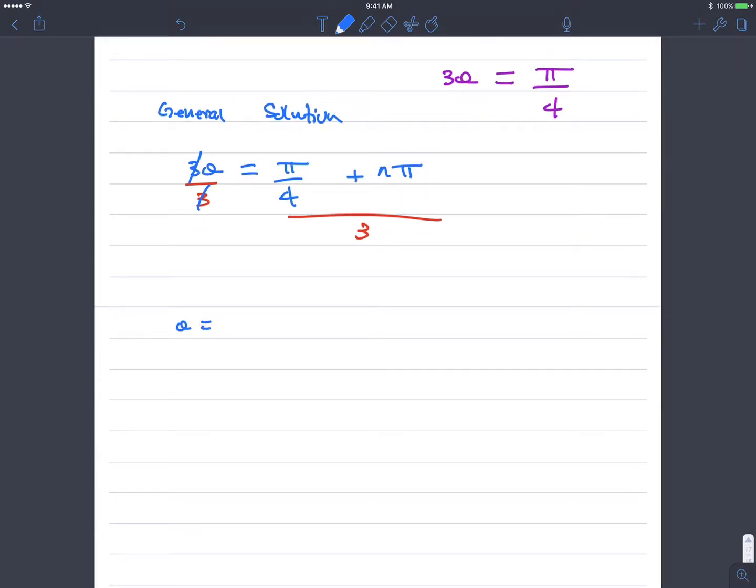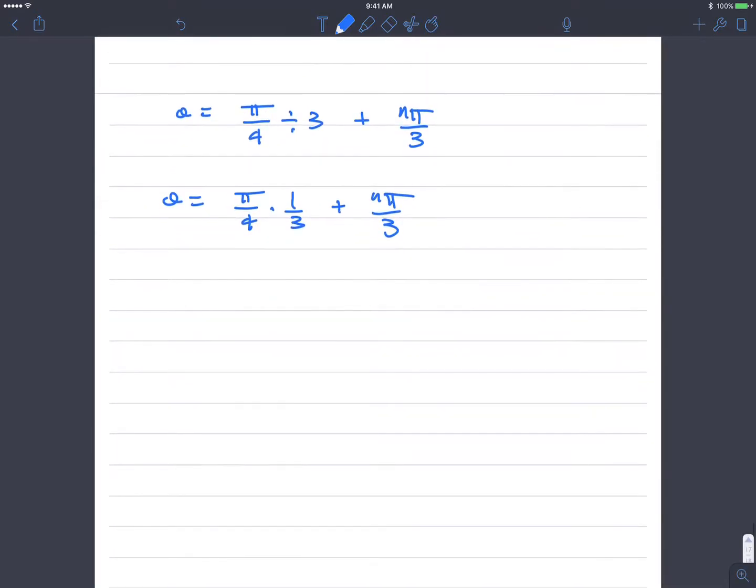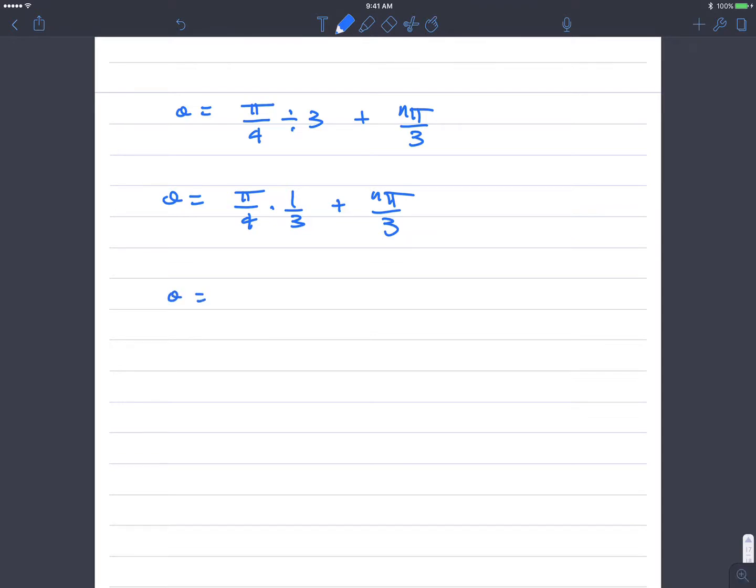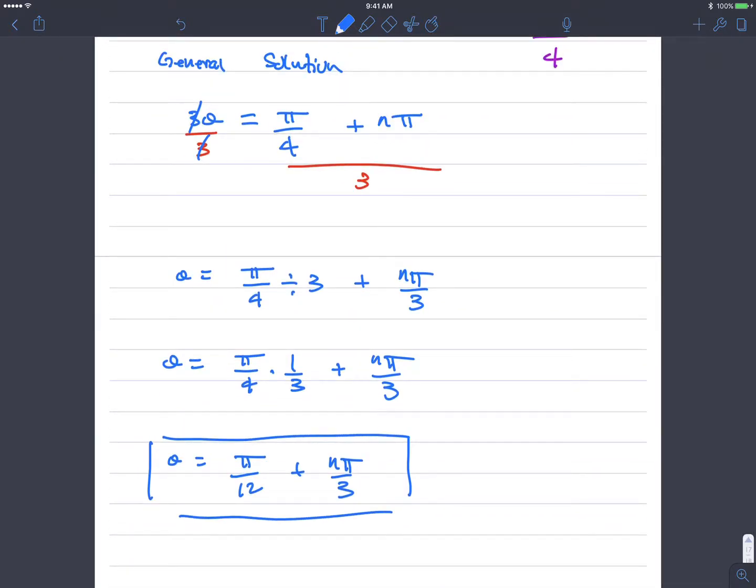Theta being pi over 4 divided by that 3 plus n pi over 3. And so your solution will be pi over 4 times 1/3 plus n pi over 3. Theta will be pi over 12 plus n pi over 3. So here's the general solution. We're simply dividing both sides by 3. And remember, n is an integer.